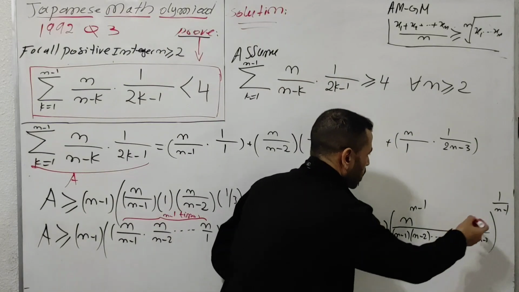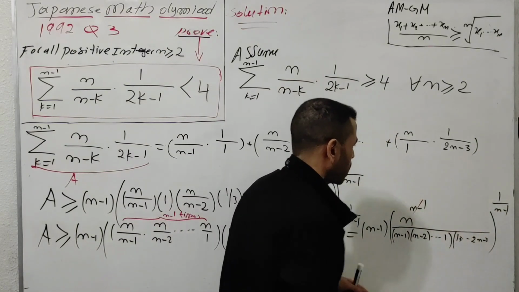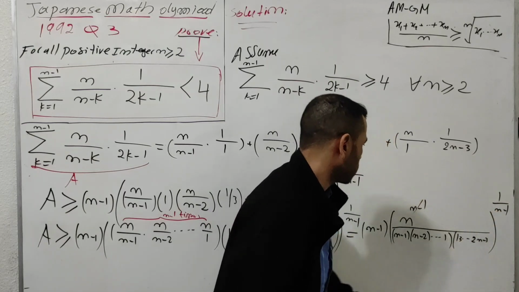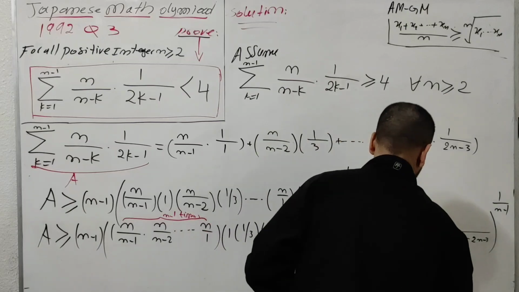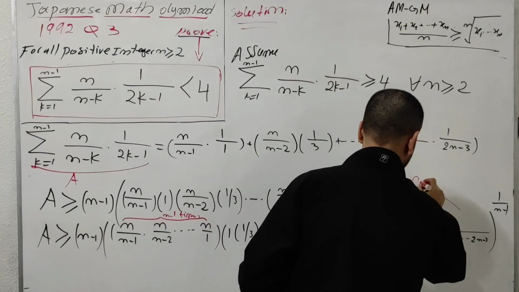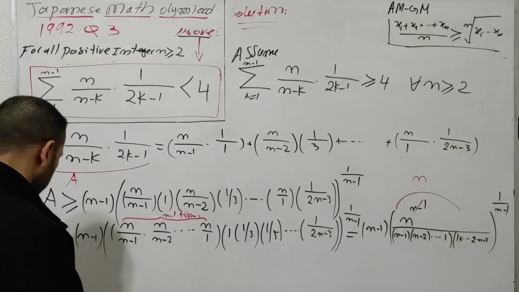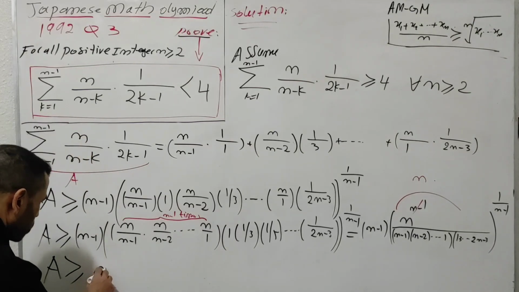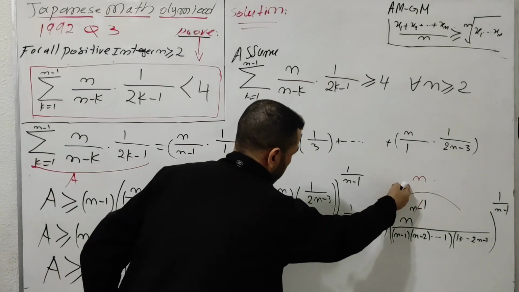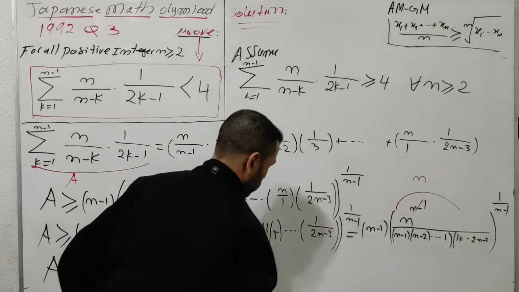So this n minus 1 will be cancelled out with this exponent. Okay, so I will get n here. So now I will get the capital A is superior or equal to n minus 1. I'm going to take this n outside because it's free from exponent.